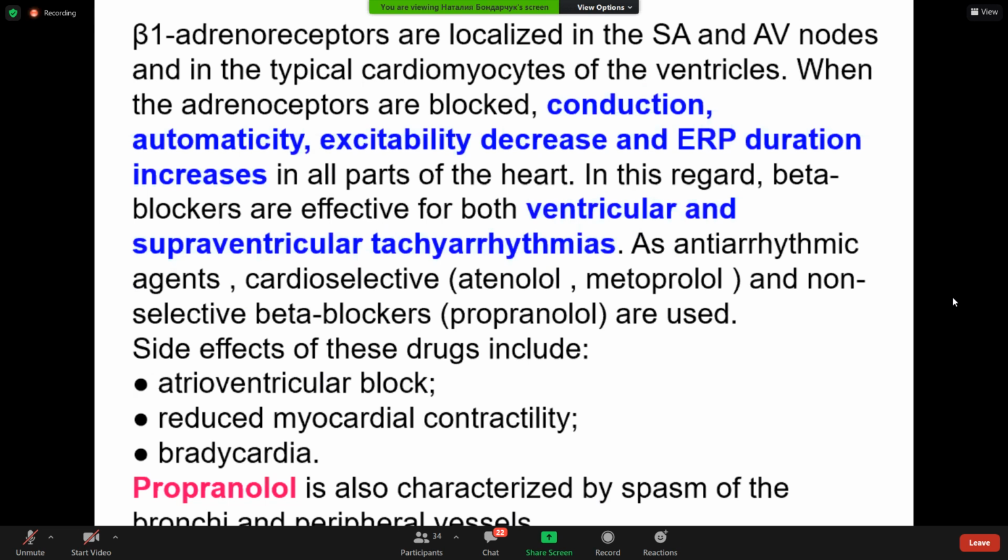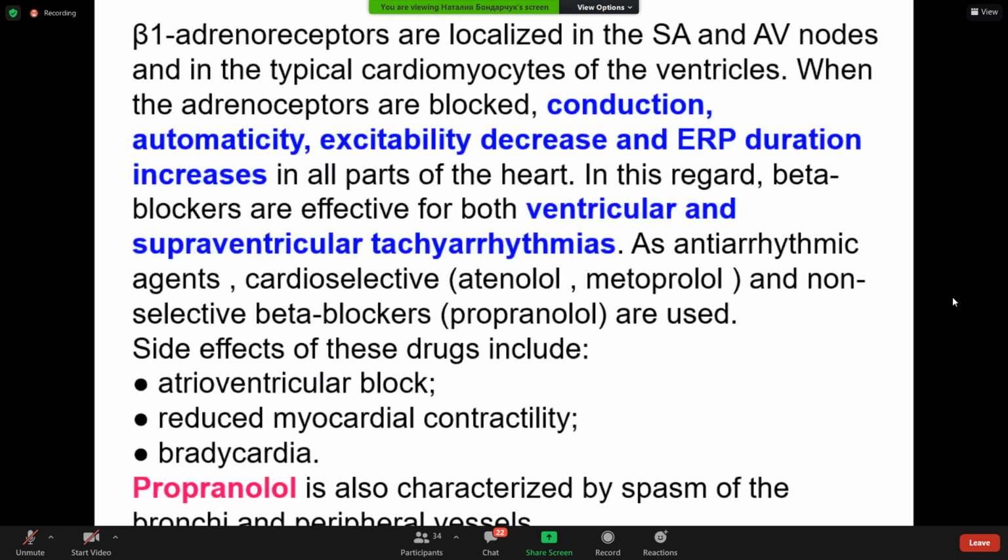In this regard, beta blockers are effective for both types of arrhythmias, ventricular and supraventricular. As antiarrhythmic agents, cardioselective beta-1 blockers, atenolol and metoprolol, and also non-selective beta-1 and beta-2 blockers, propranolol, are used.